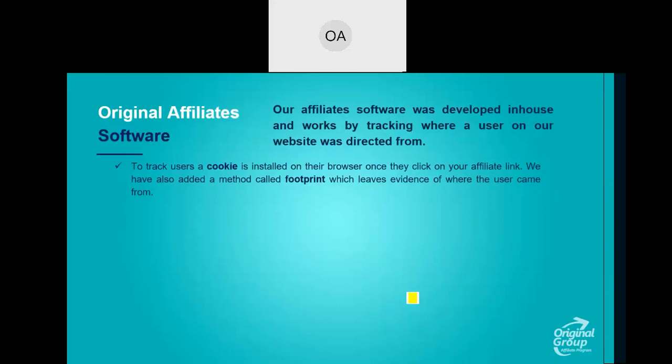Just to give you a brief explanation, with our footprint, when a user visits our website through your affiliate link, they're leaving a footprint, and we know that he came from your website. There is an assigned user ID, and this allows us to track the number of sessions that user has.